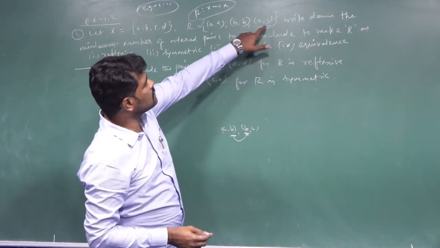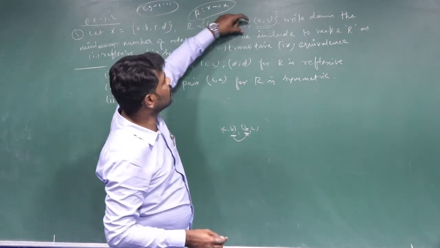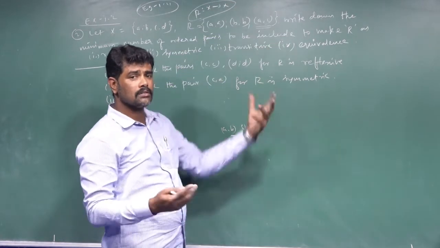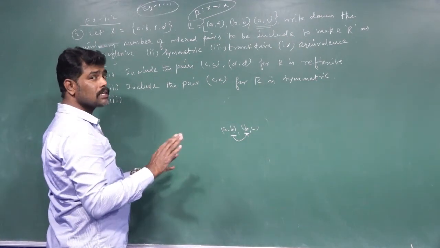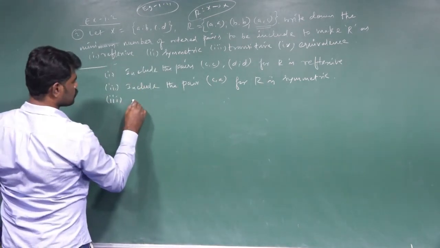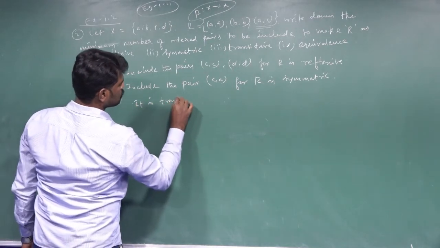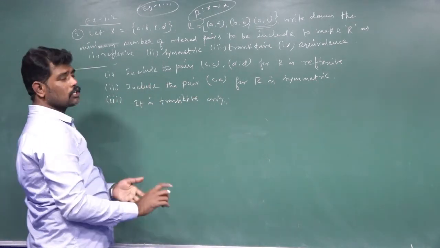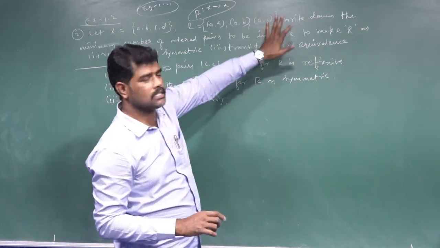Here C is the second point. Is there any pair starting with C? That's not here. So it is transitive only. So here no pairs need to be added for the condition transitive. By the given relation itself it is transitive.